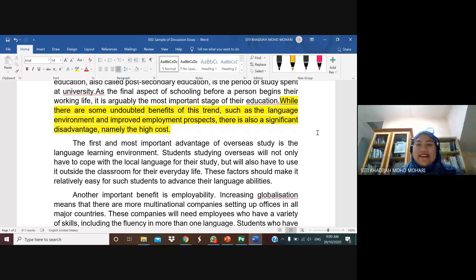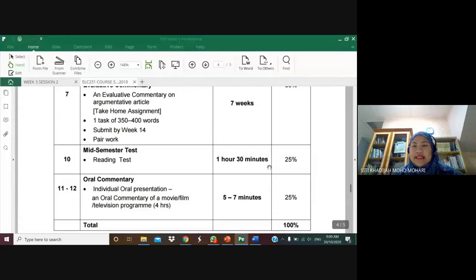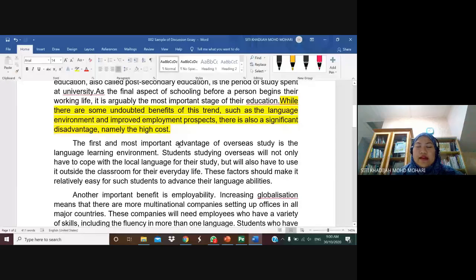Students, in your final examination, or in the reading, you have one final examination. This one, mid semester. In your mid semester, they are going to ask you a question like this. Please identify which one is the topic sentence of paragraph number 1 or paragraph number 2.